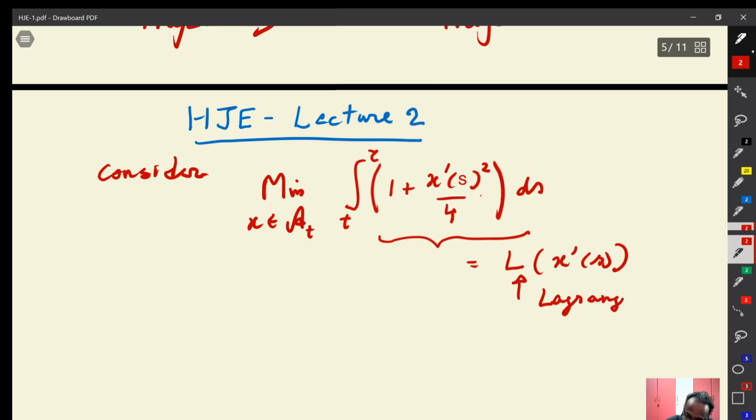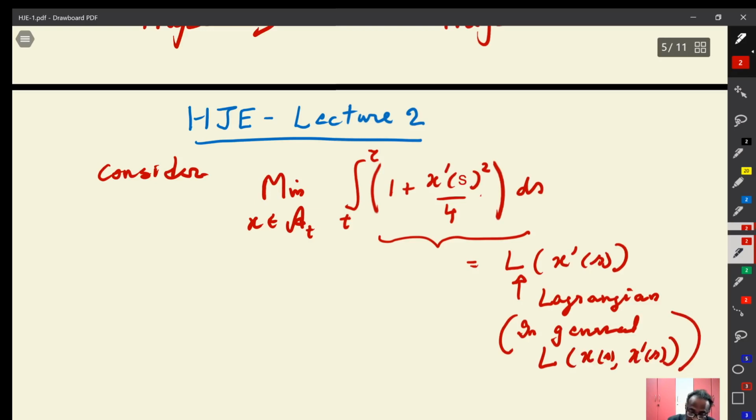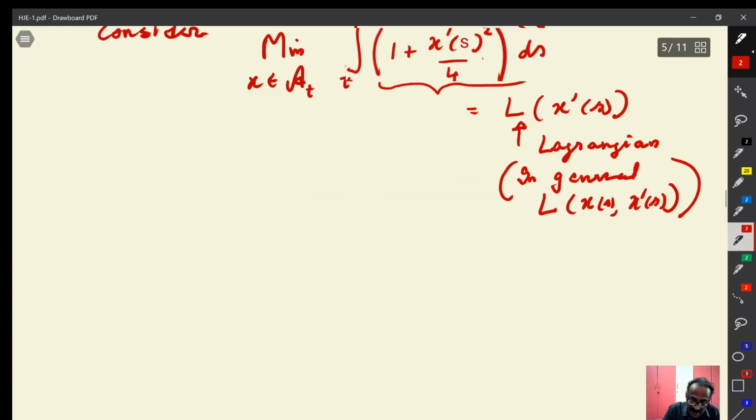You will see why we call it that. More general things we will call it, but let's look at a typical example of Lagrangian. L can be a function of x of s, x prime, and maybe more general s's. These things you will see here. It depends, of course, on x and t, because x and t are fixed, and then you are trying to minimize this.